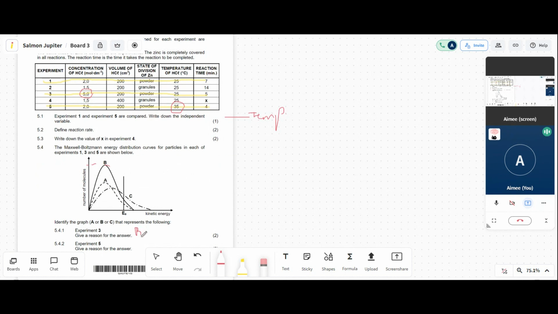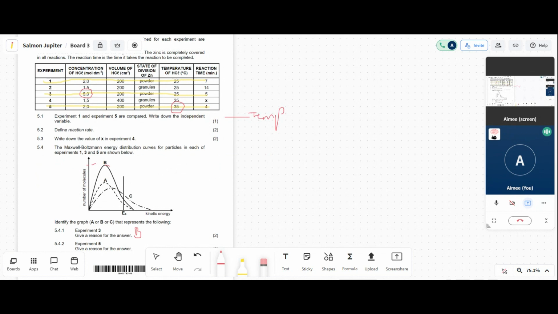That's going to be B. So experiment 3 is B because it has the highest concentration, which is synonymous with an increased amount of reactant and an increased number of molecules. Okay, so experiment 3 is graph B because it has a higher concentration, which is directly proportional to an increased number of molecules.